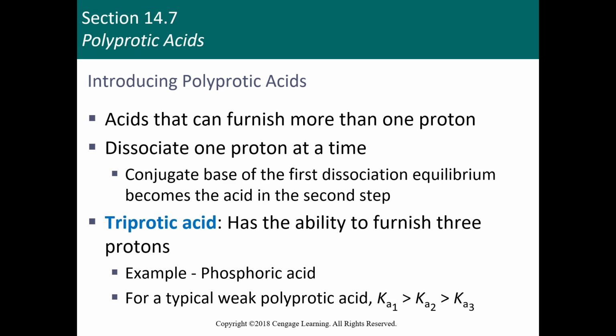All right, so we've been doing monoprotic so far. Let's go ahead and talk about some polyprotic acids, which means multiple protons that they can donate. So some acids can furnish more than one proton, of course. There's the diprotic and triprotic acids. You're always going to look at these by dissociating one proton at a time. So the conjugate base of the first dissociation equilibrium will actually become the acid in the next dissociation.